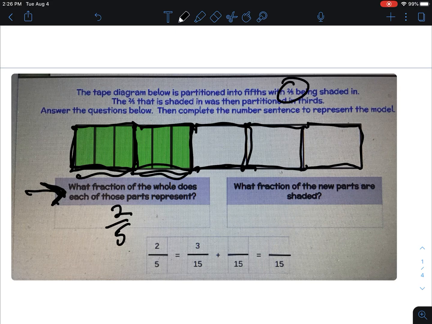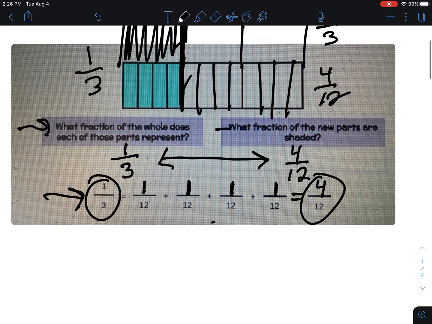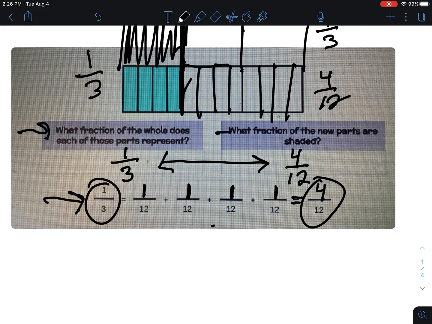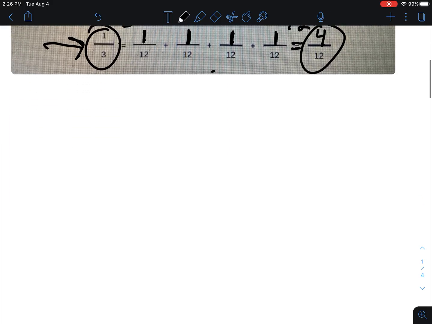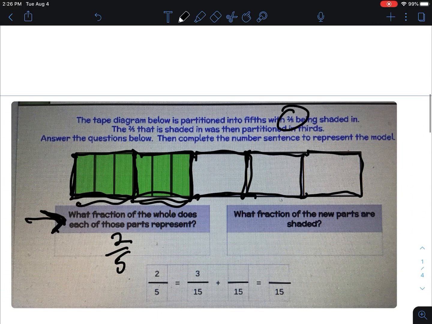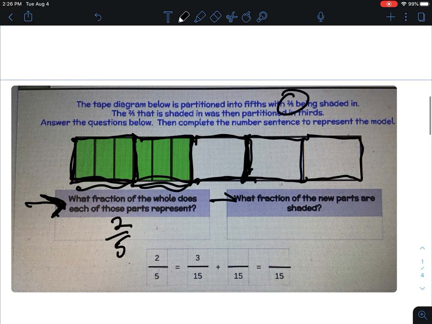Now, remember what I did up here, where I had to divide the rest into smaller pieces like I did here. And they told you what to divide each of these big ones into, how many pieces. So I want to see if you can figure out what fraction of the new parts will be shaded once you divide up the rest of the big rectangles into the smaller rectangles.